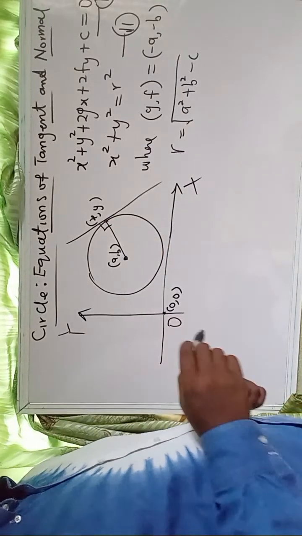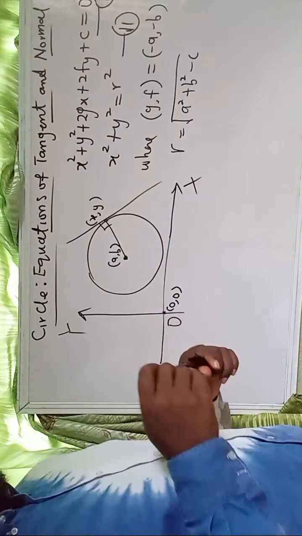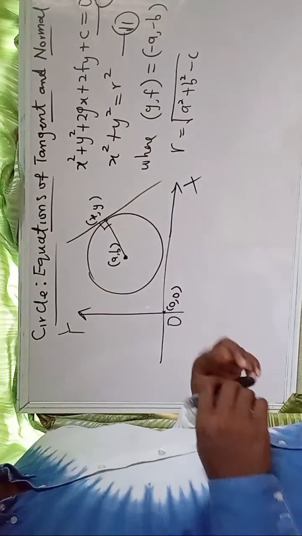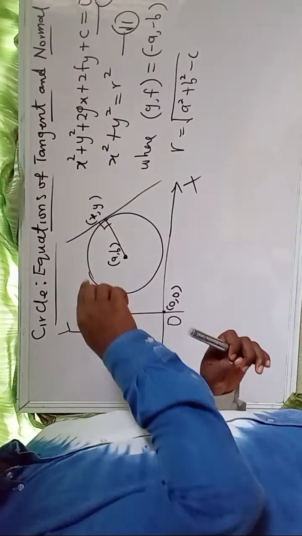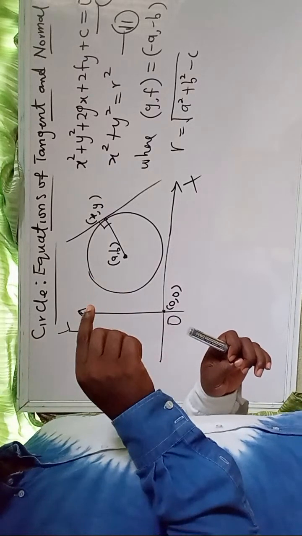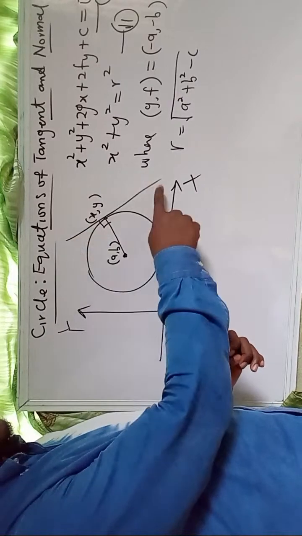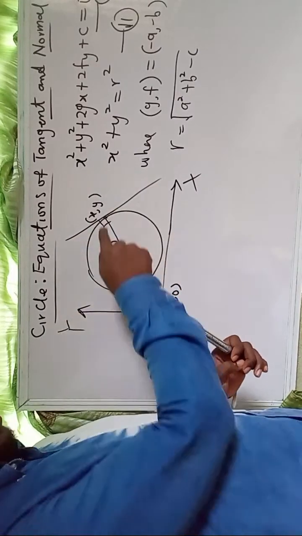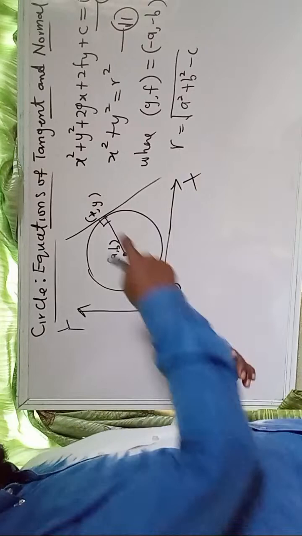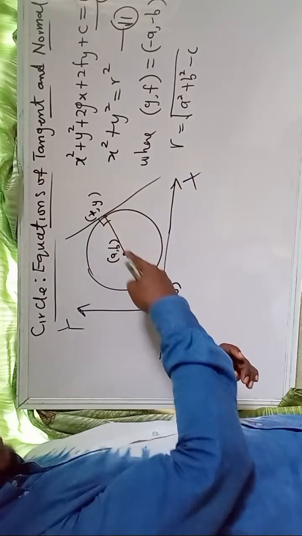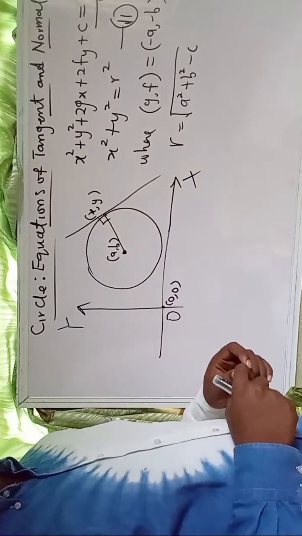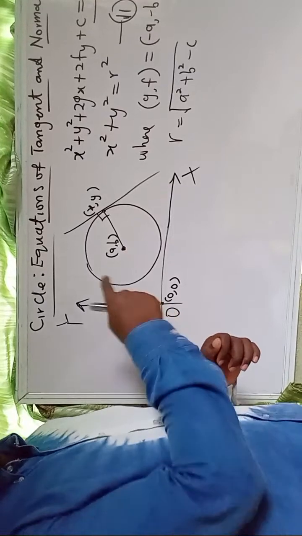So a straight line that touches the circle at one point and is perpendicular to the radius line is called the tangent line of the circle.